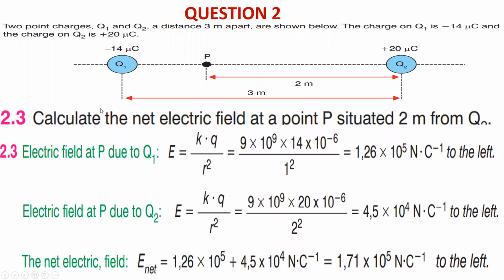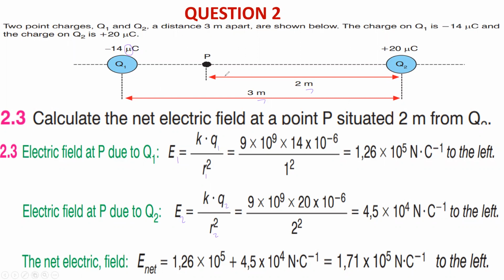Okay, let's continue. Yes, we are using these calculations. You can see this is our E1. But let's write E1, Q1, R1, E2, Q2, R2. So you are calculating all. E1, as you see, K is 9 times 10 to the power of 9. And then Q1 is 14 times 10 to the power of negative 6. Why negative 6? Because micro. And distances are already in meters, so you don't have to convert. The distance is 1. Why is it 1? Because the total distance between charges is 3 meters.